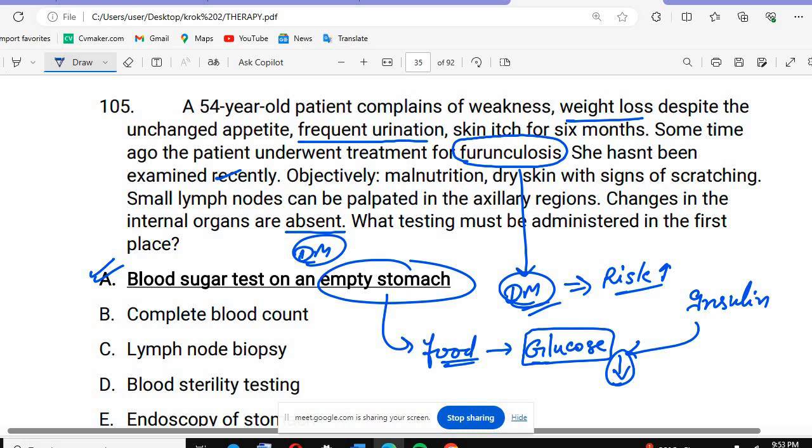That's why we do it on an empty stomach. Any test like CBC we also do on an empty stomach, because food may contain some bacterial particles, and these can increase the neutrophils in our body, and we will get false results. That's why we also do this test on an empty stomach.